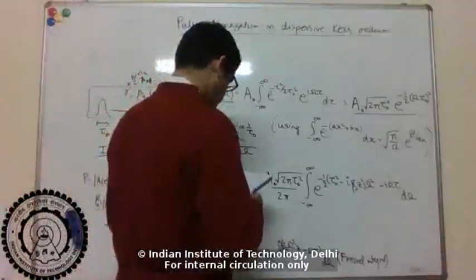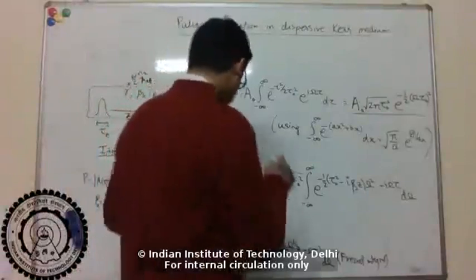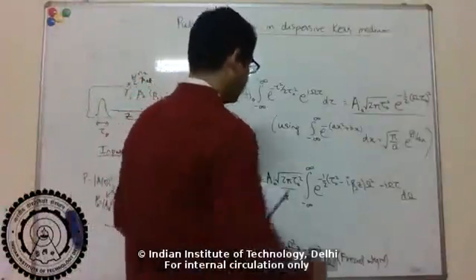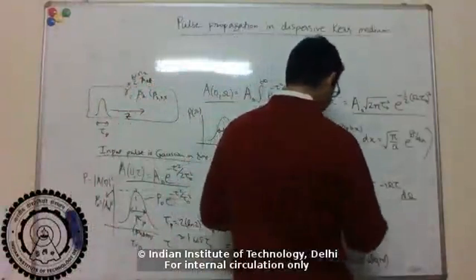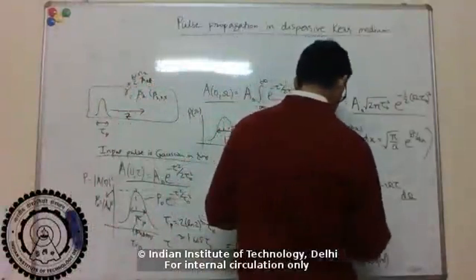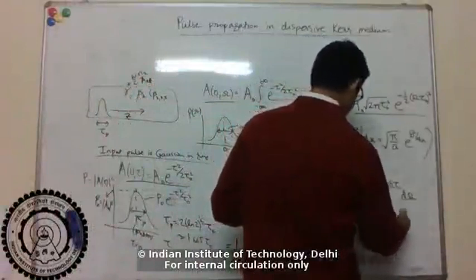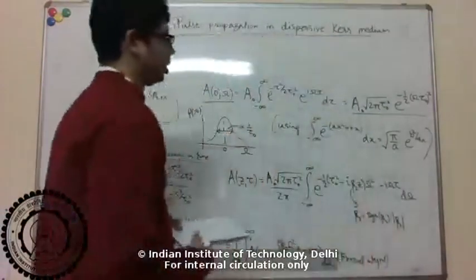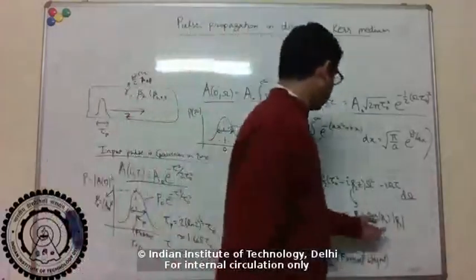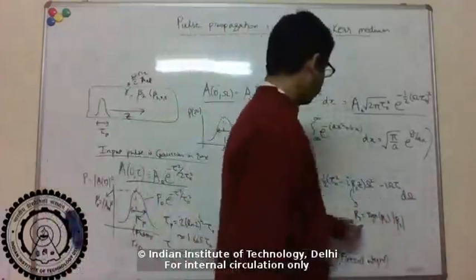Before that, we just write it in a slightly different form. Beta 2 here, we write as the sign of beta 2 times the magnitude of beta 2. Seems a weird thing to do, but we'll see why we're doing that.